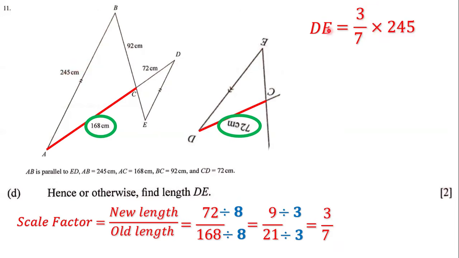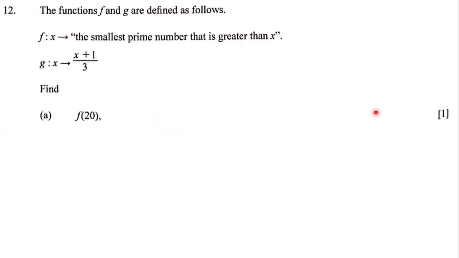That's what DE is going to be equal to. That means DE is equal to 105. I'm sorry, we take 3 over 7 and multiply it by 245, and that gives us 105.